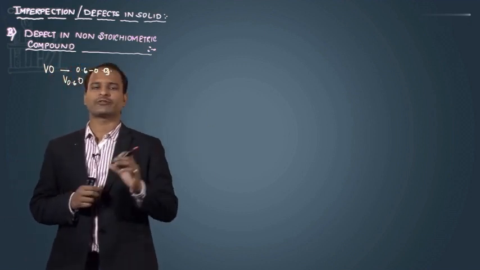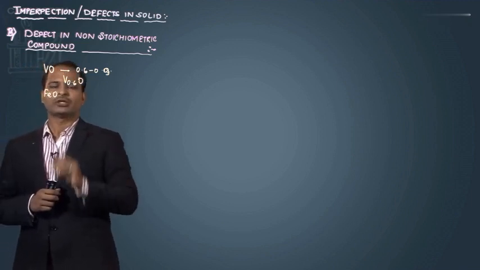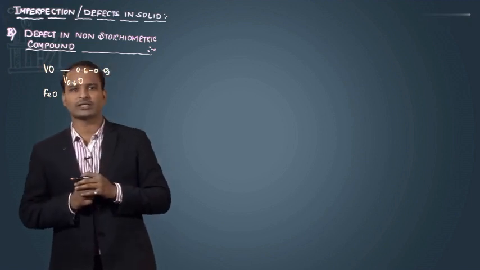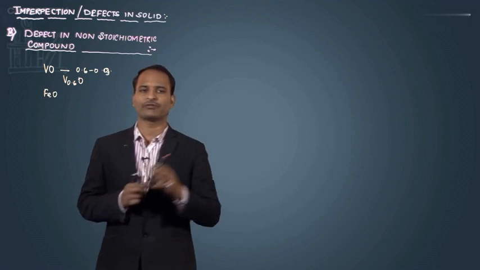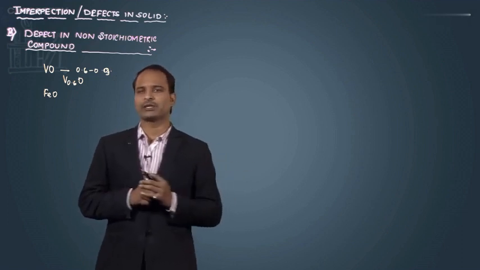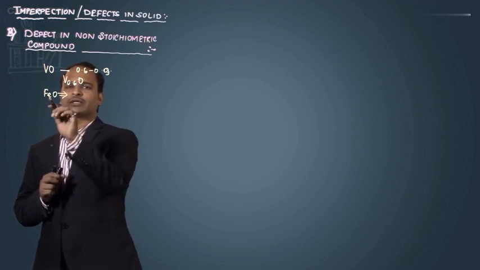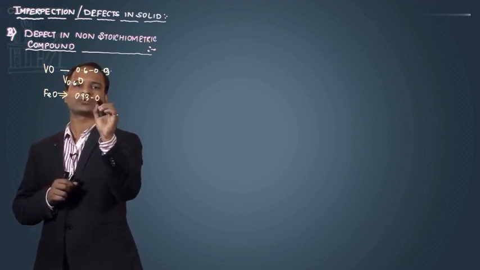Similarly, for ferrous oxide, the molecular formula is FeO, that is 1:1. This is the ideal molecular formula. But when we talk about the experimental data, it has been observed that the Fe is present in between 0.93 to 0.96.